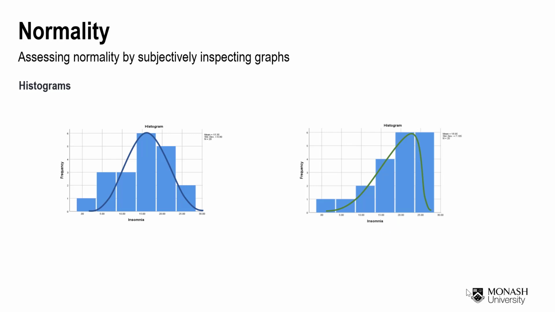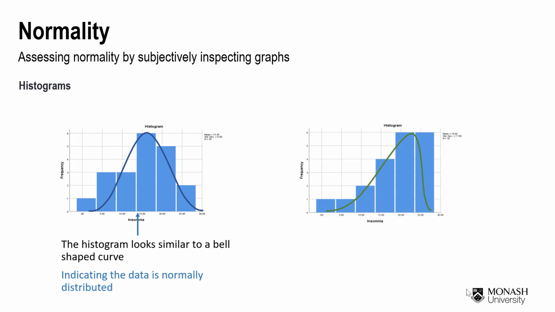Lastly, 2 examples are given for the histograms. The left depicts normality being met, and the right depicts normality being violated. The first histogram looks similar to a bell-shaped curve.